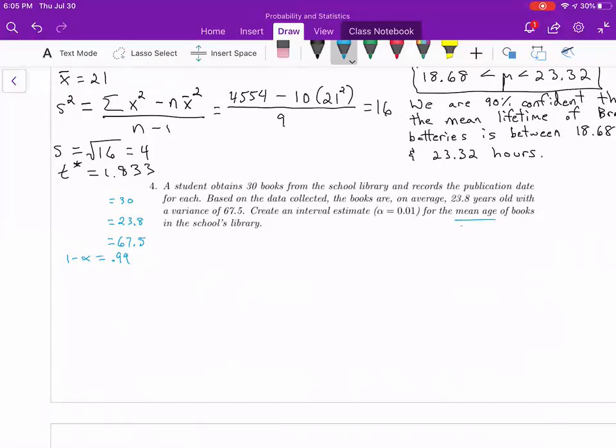So this is telling us we want an interval for mu. Just in case you weren't sure whether you wanted it for mu or p, that is one hint that this is going to be an interval for mu. So as I did with the last problem, I wrote down some information that's contained here, and I need to figure out what are the appropriate labels. Can anyone tell me any of the labels?